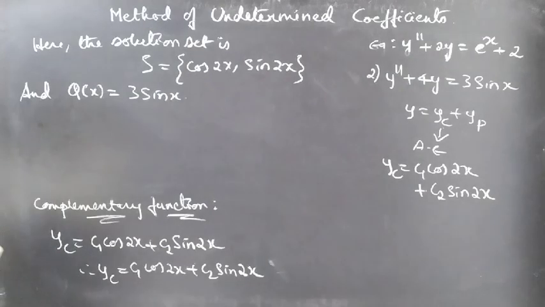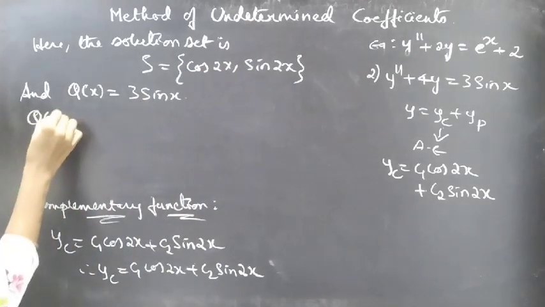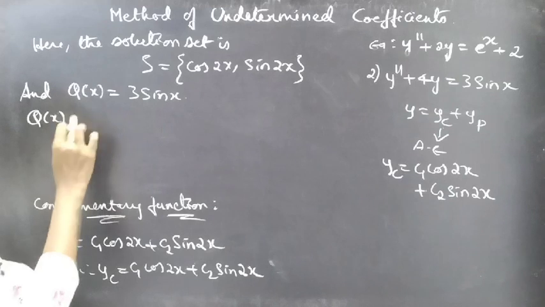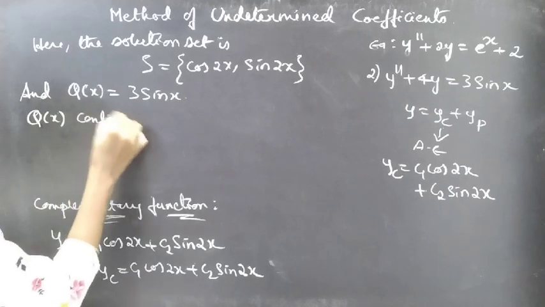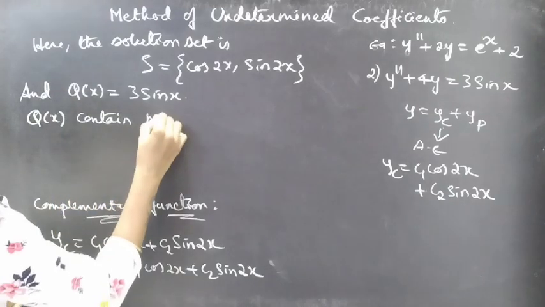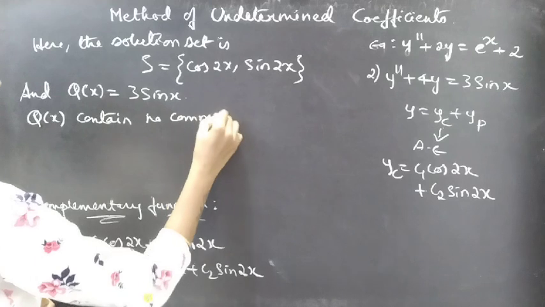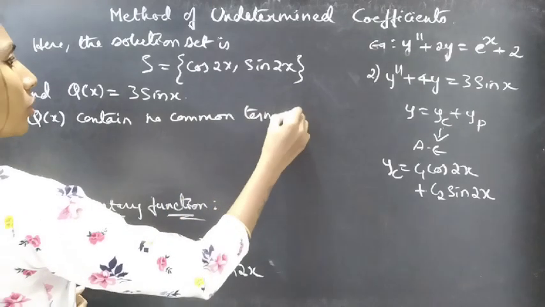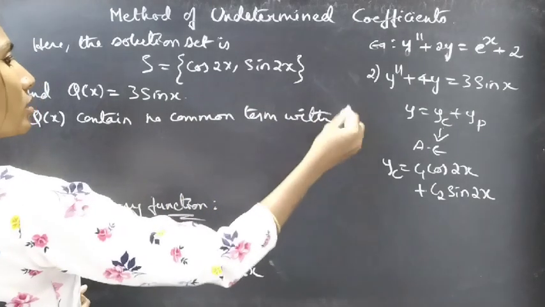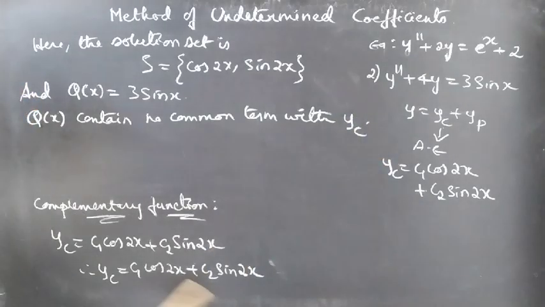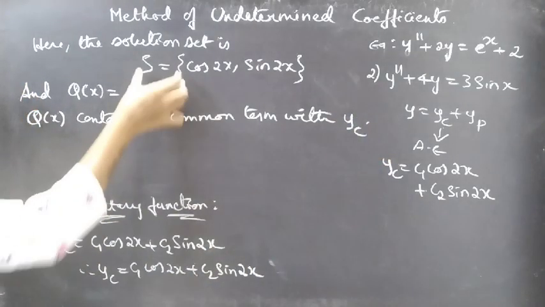Observe these three. We don't have any common term, right? Q of x contains no common term with yc.